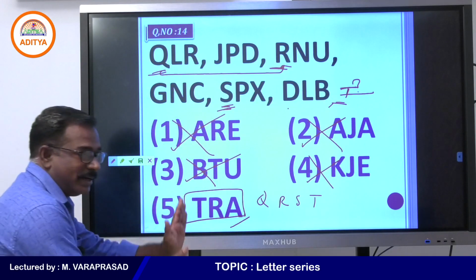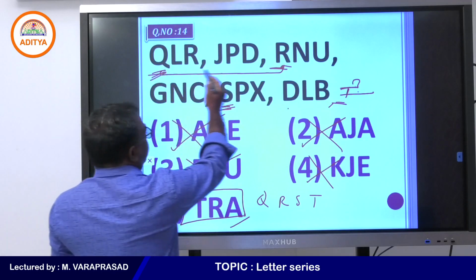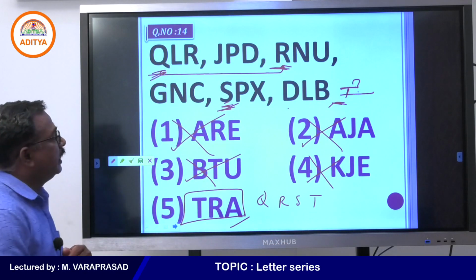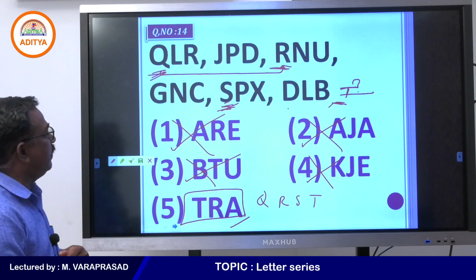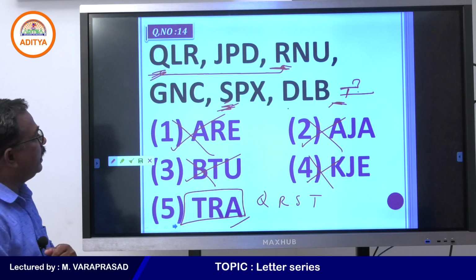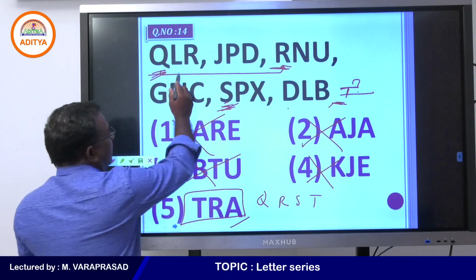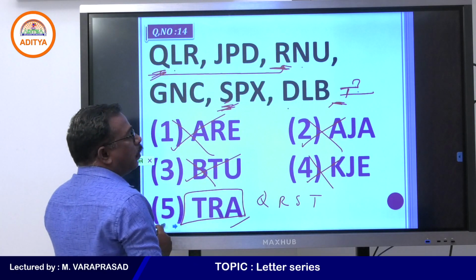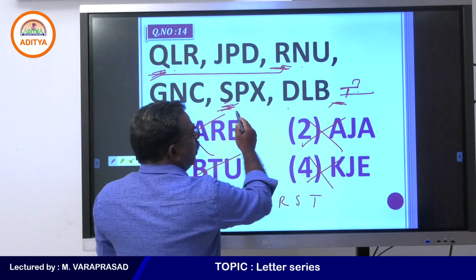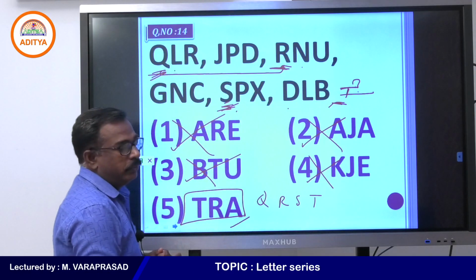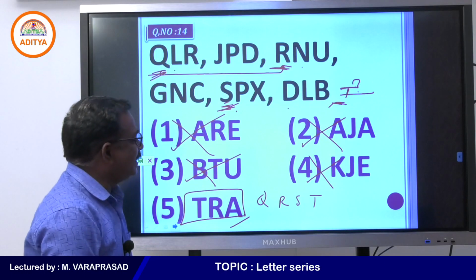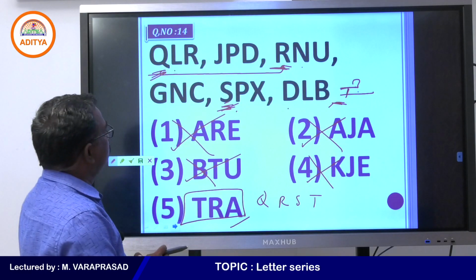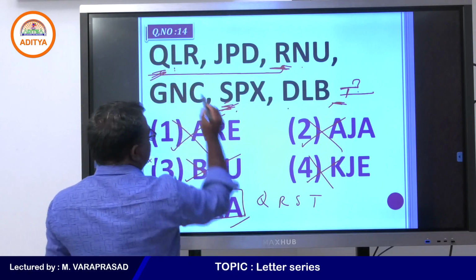If you take alternately the first letter series, Q, R, S, T, the answer starts from T. T, R, A is given. In the second letter series, L, M is missing, N, O is missing, P is there, Q will be missing and R will come.